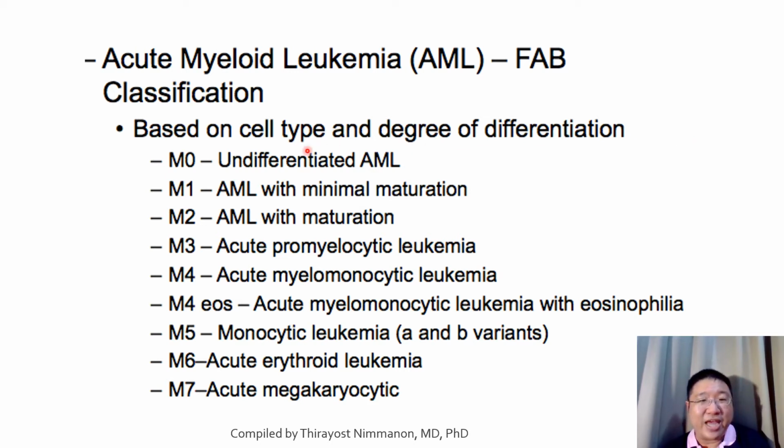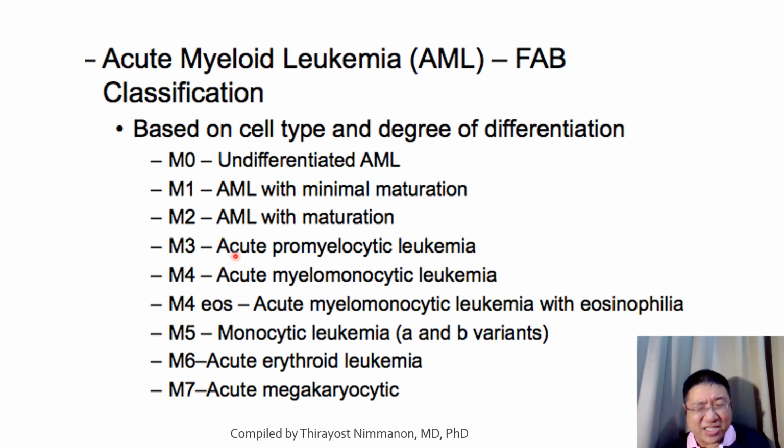If there is no differentiation at all, that is M0, minimal maturation M1, with maturation M2, and acute promyelocytic leukemia M3, which is associated with translocation of chromosomes 15 and 17, which results in RAR alpha-PML fusion protein production, right? Which can be treated by vitamin A or all-trans retinoic acid.